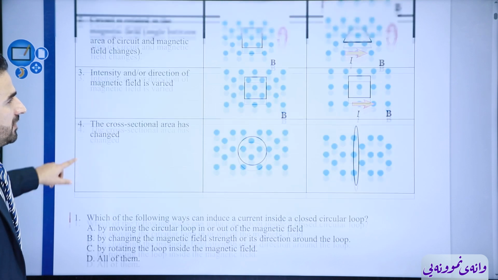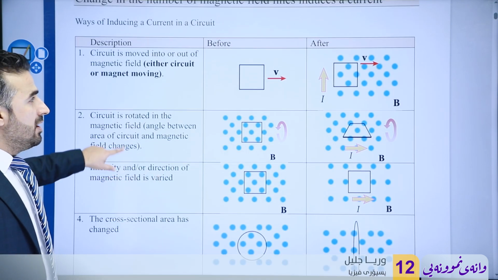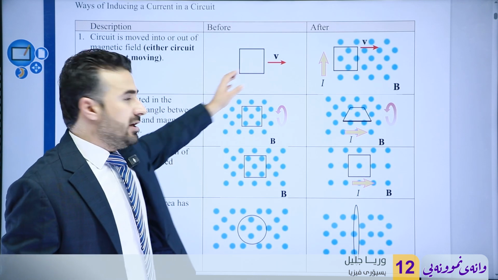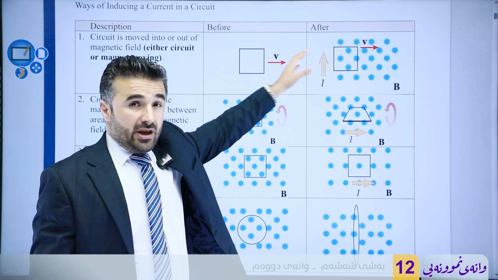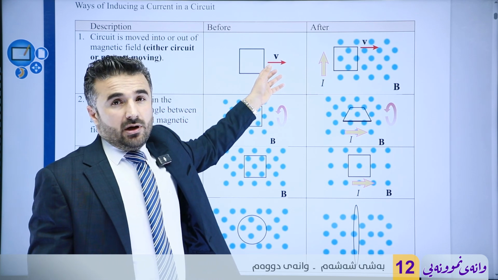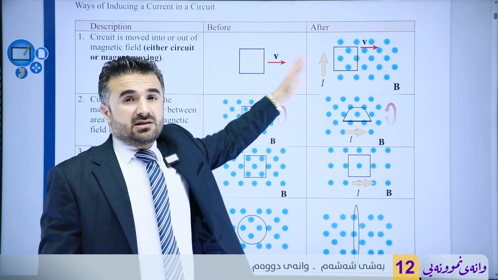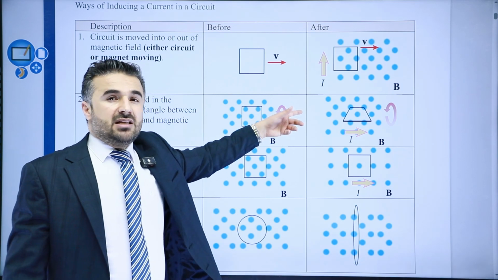So once again, remember, there are four ways where we can induce electromotive force. First, by moving a coil, a circuit, into or out of a magnetic field, or by moving the magnetic field into or out of, across, or away from the circuit. Second, by rotating a coil inside a magnetic field.